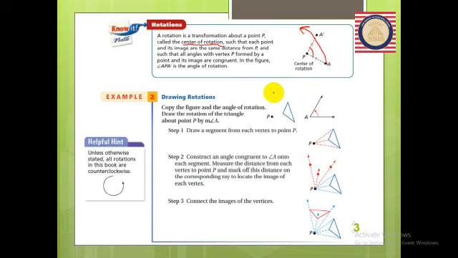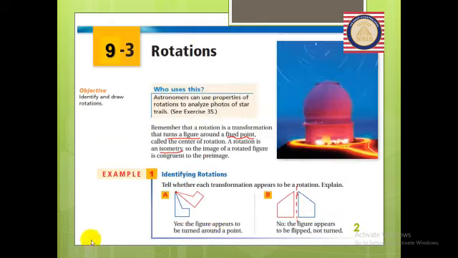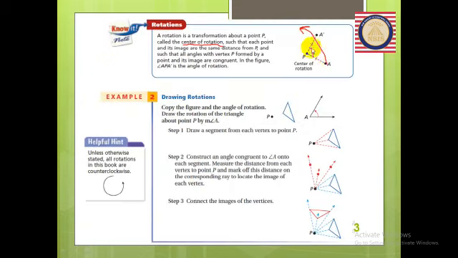Again, we said about the reflection before that I need a line of reflection and the figure flips. And in the translation, we said that the figure moved in the direction of the vector. Here in rotation, the figure turns about a certain point.